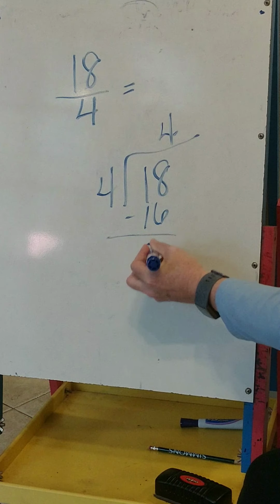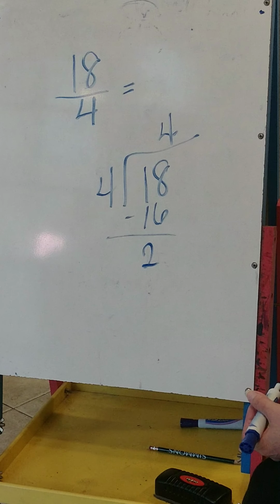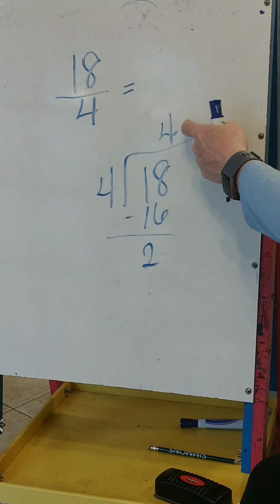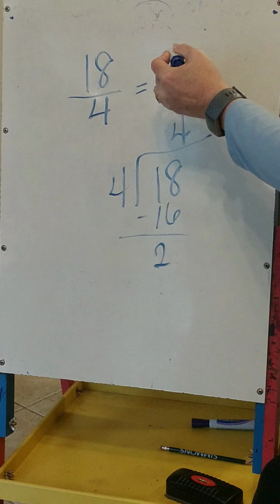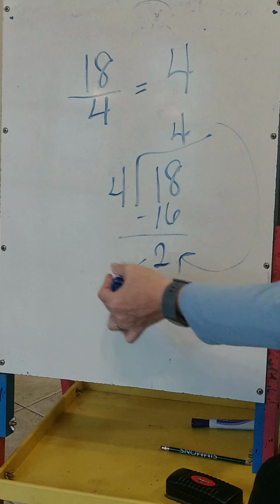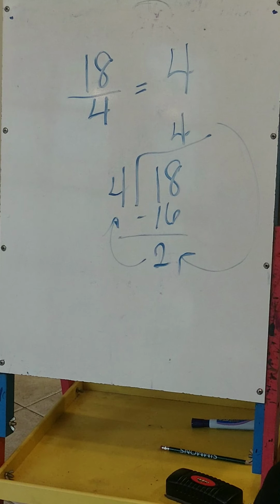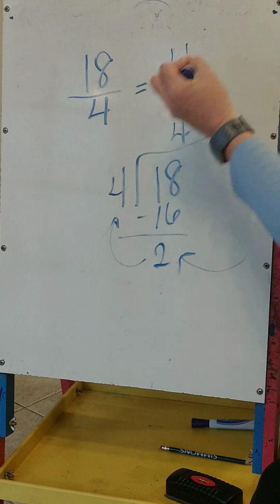I subtract. I'm done with my long division, so now I can find my new mixed number. Remember, your quotient up on the top is what's going to give you your whole number. And then we go around the outside edge in that clockwise fashion to find my new mixed number. So it would be 4 2/4.